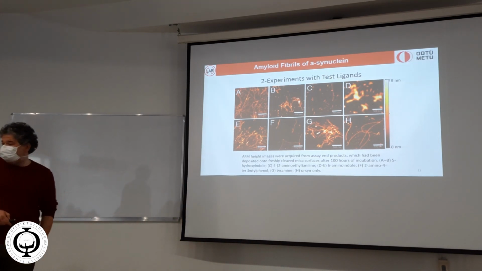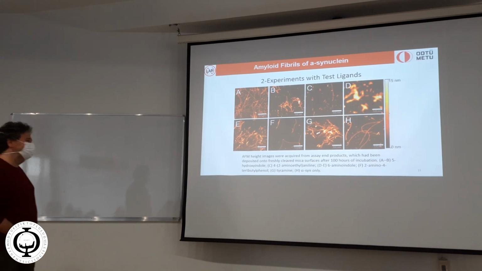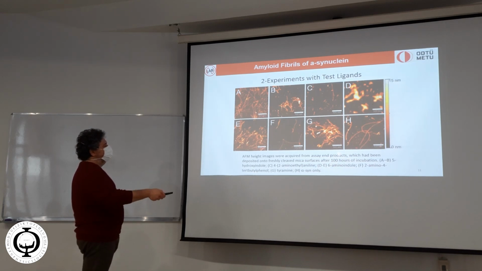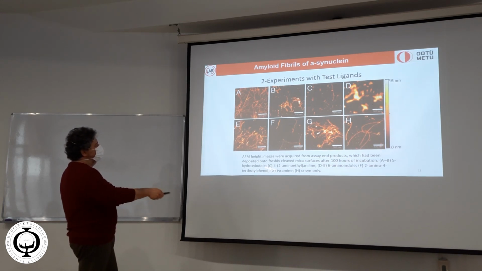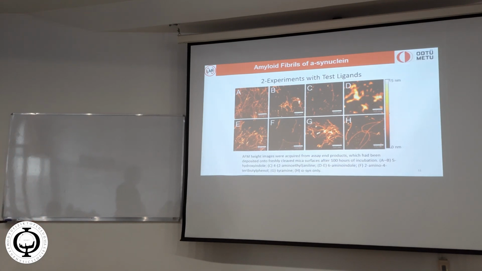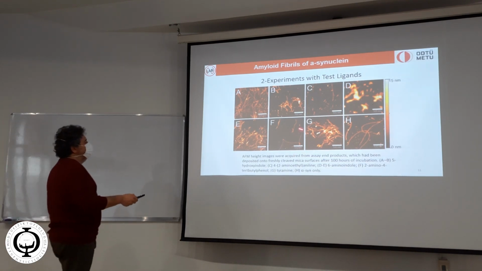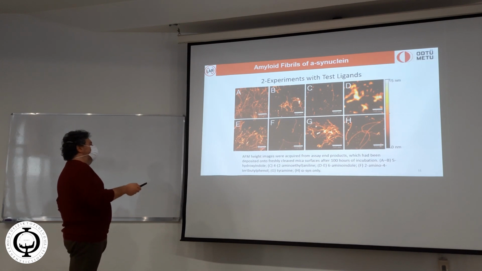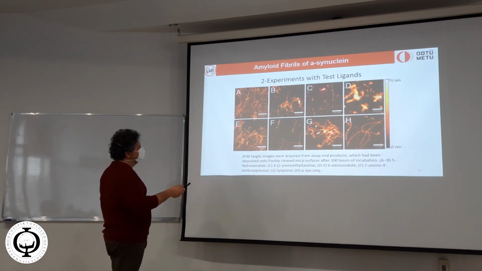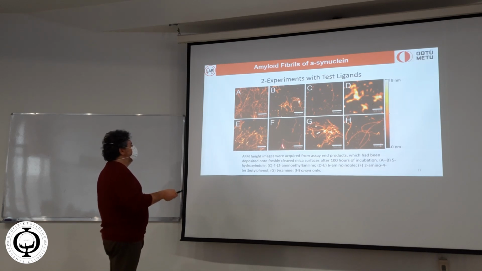It shouldn't have precipitated, right? Now, we check by addition of these candidates if we can alter the situation. Again, AFM is helping us to discover that. So we see that some of them have an effect to a larger extent, some of them not much, you see.